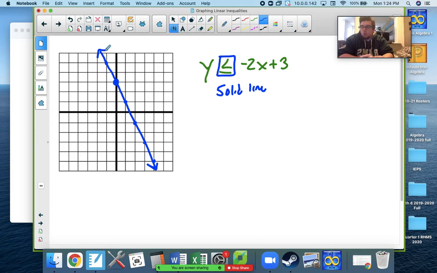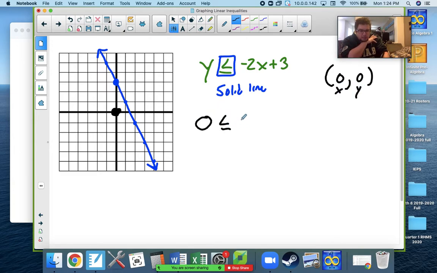Now we've got to figure out where all of our other potential answers are. Where does this actually work? We get to pick any point on the graph as long as it's not on the line. (0, 0) is always the best choice just because it's the simplest. So I'm going to take (0, 0): 0 for x, 0 for y. So 0 for y is less than or equal to negative 2 times 0 plus 3.